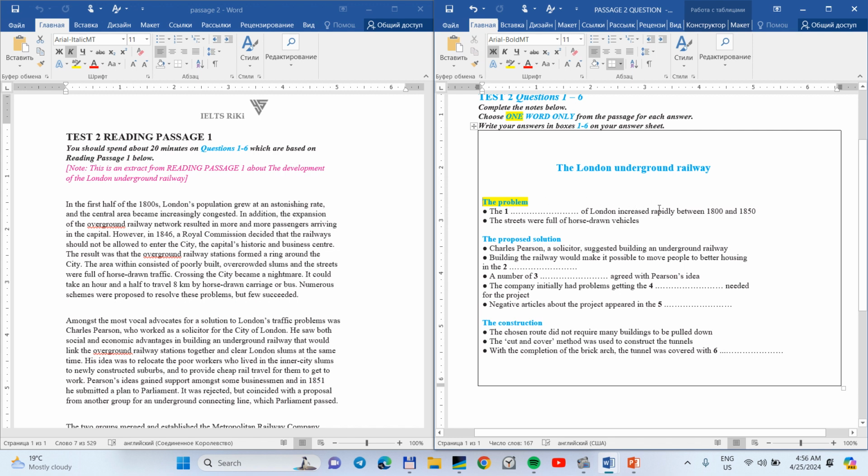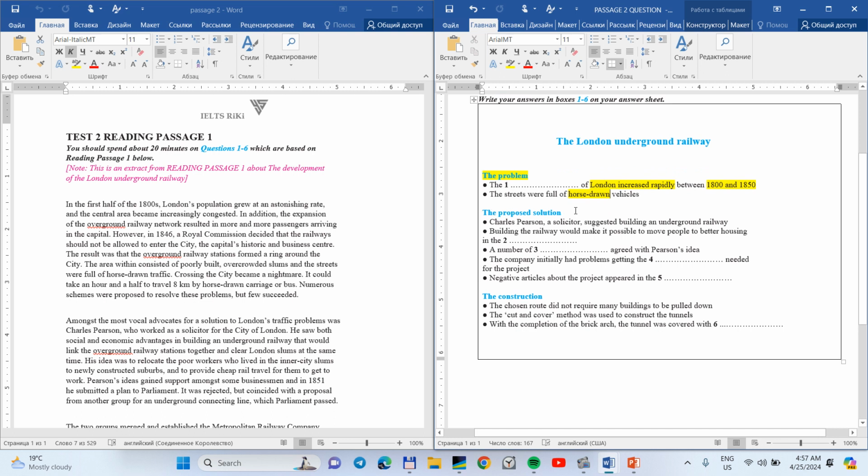Something of London increased rapidly between... "increased rapidly" is a keyword, and "between". Horse-drawn vehicles is a keyword. The proper solution, solution is a keyword here. Charles Pearson is a keyword here. A solicitor suggests building an underground railway. Building the railway makes it possible to move people.